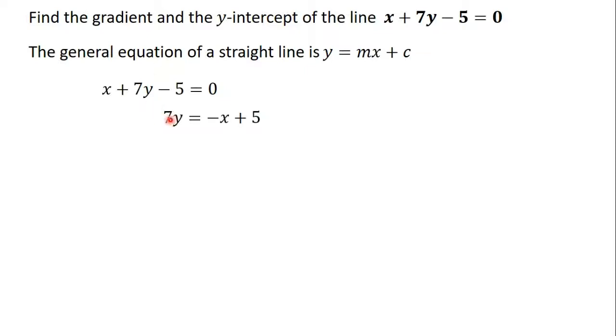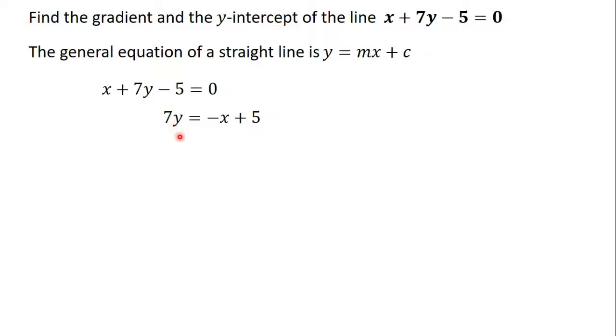In doing that, we are going to have 7y is equal to minus x plus 5. X here is positive, so when it crosses to this side, it becomes negative. 5 is negative here, so when it crosses to this side, it becomes positive.